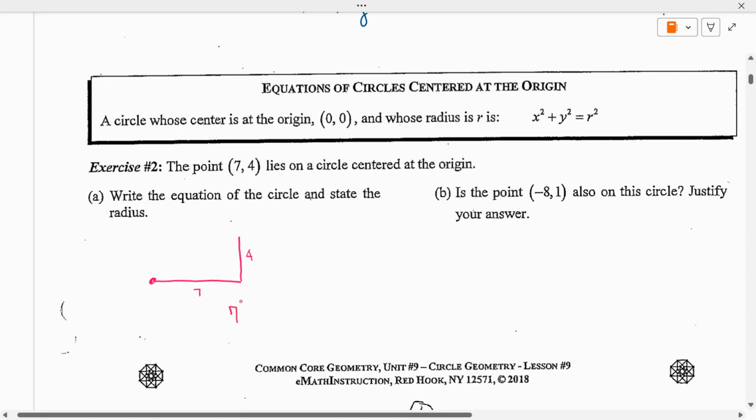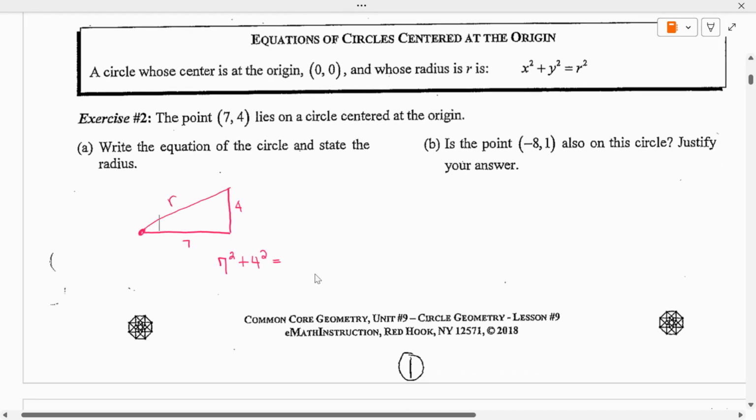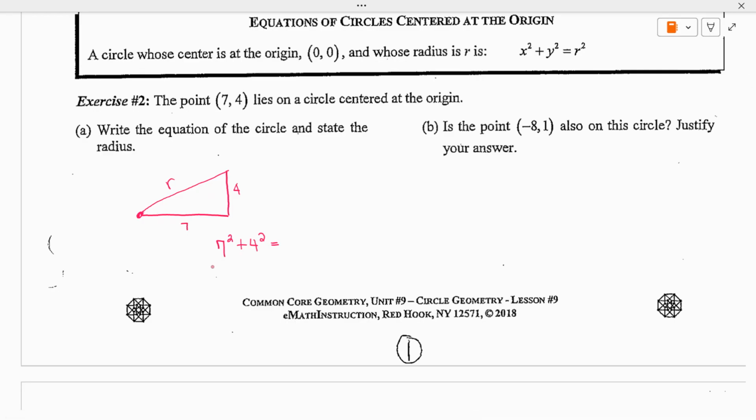Or 7 squared plus 4 squared equals what? We're trying to find our radius first. So Pythagorean theorem. You're doing that all in your brain. Go ahead. 49 plus 16. Yeah. 65 equals r squared.